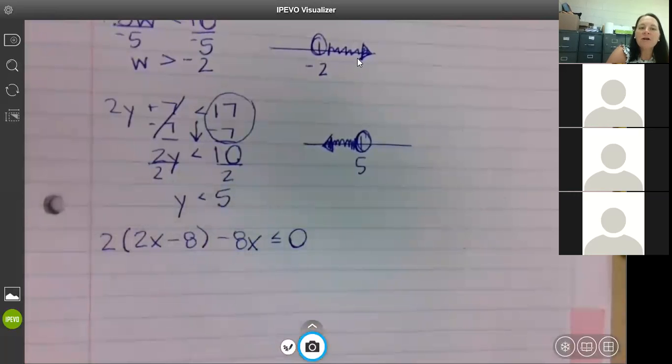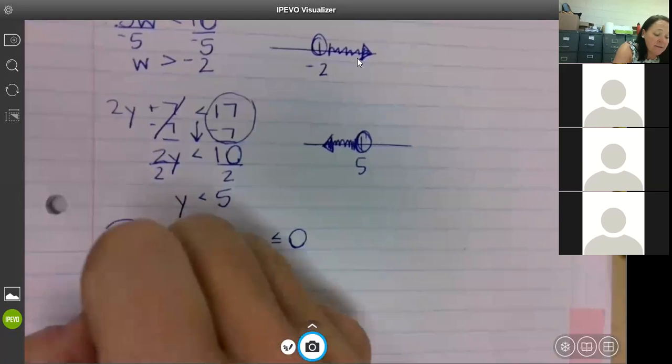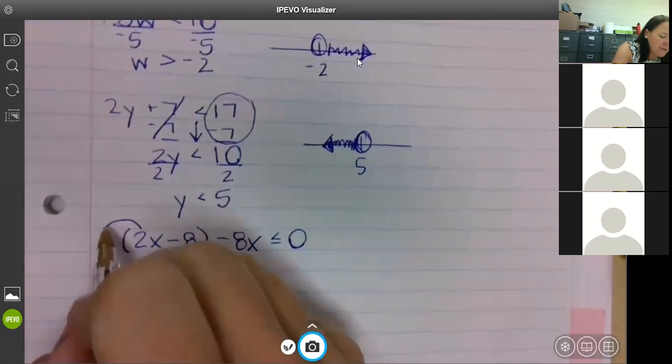What we need to make sure of is we watch our signs. You're doing the distribution part really well, that's fine. But make sure that you multiply carefully, it's just your signs. Negative times a negative makes a positive. Positive times a negative makes a negative. So watch your signs on these. That's literally all you're doing wrong.